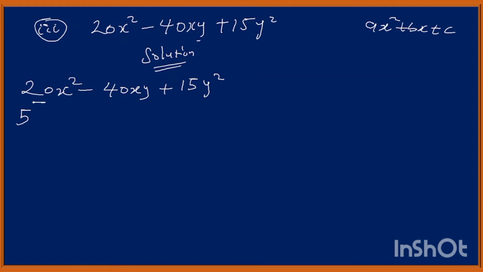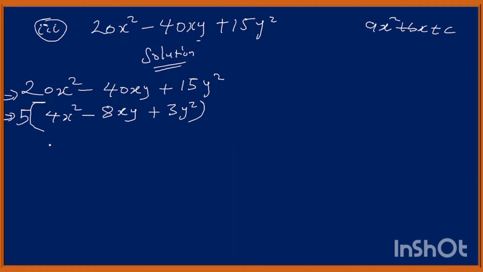If 20x squared divided by 5, I'm going to have 4x squared. If minus 40xy divided by 5, I'm going to have minus 8xy. If 15y squared divided by 5, I'm going to have plus 3y squared. So now we have something smaller.